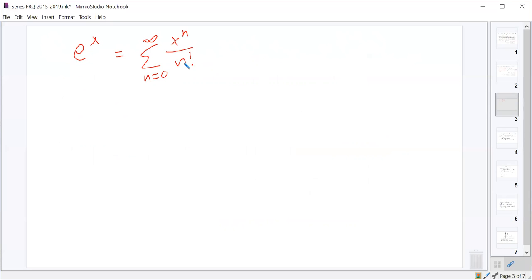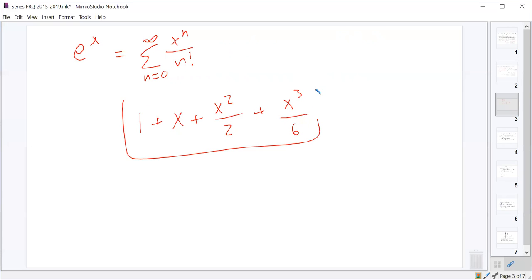And so our first term should be 1 if n equals 0. When n is 1, our next term is x. When n is 2, it should be x squared over 2. And when n is 3, it should be x cubed over 6. So that's the first part of that.